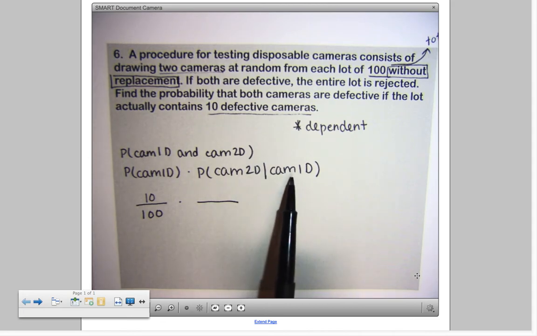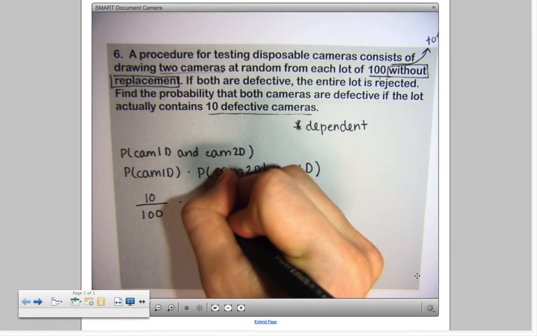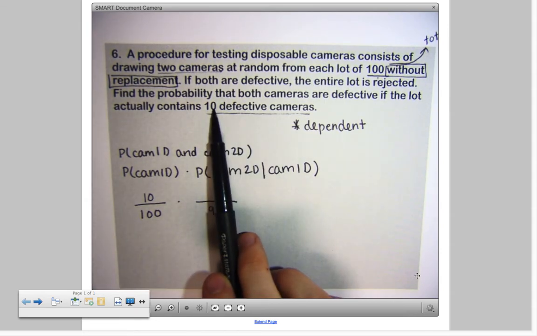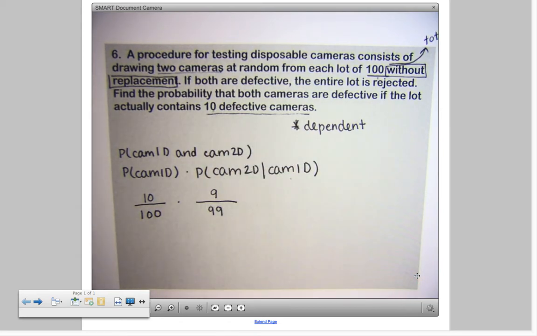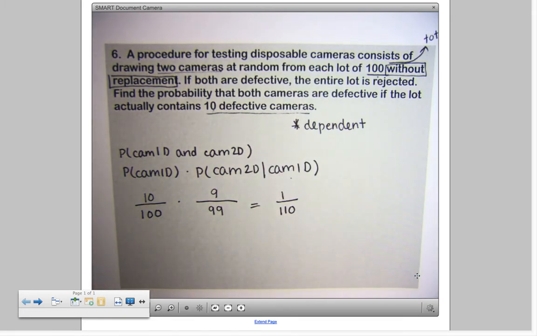I already drew a camera. So now I had 100 cameras, I drew 1, so now I only have 99 cameras left in the lot. There were 10 defective cameras, I already drew 1, so now I only have 9 left to choose from. Multiply those together, and we get 1 out of 110.